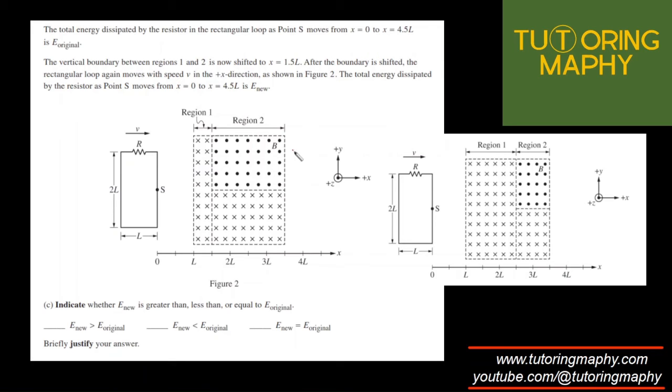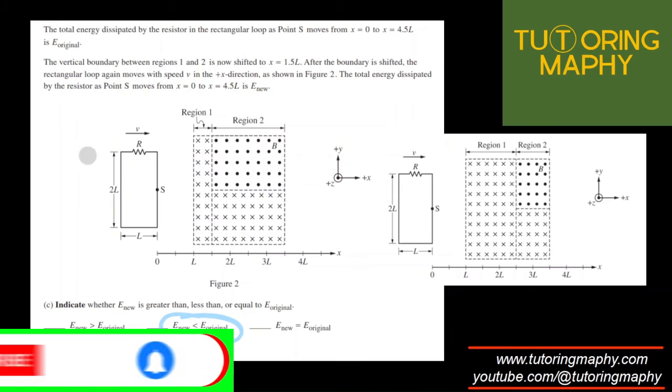So that is my rationale: less power means less energy, so E new is going to be less than E original. The power is only dissipated when the flux is changing, and since the flux is changing now for a shorter duration, E new is less than E original. I hope this makes sense.